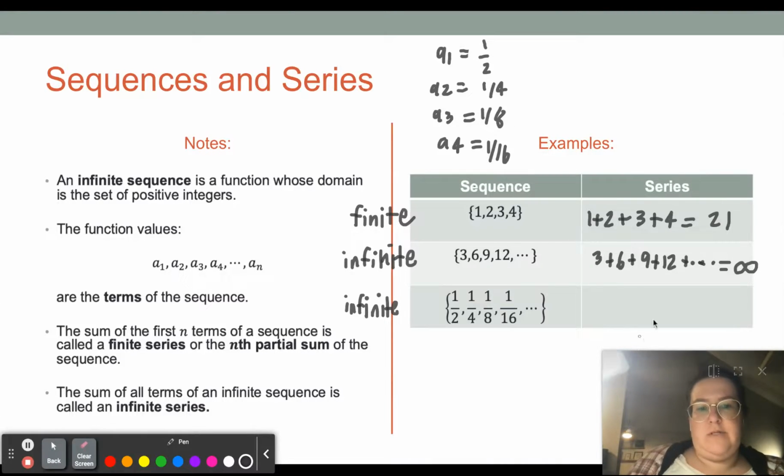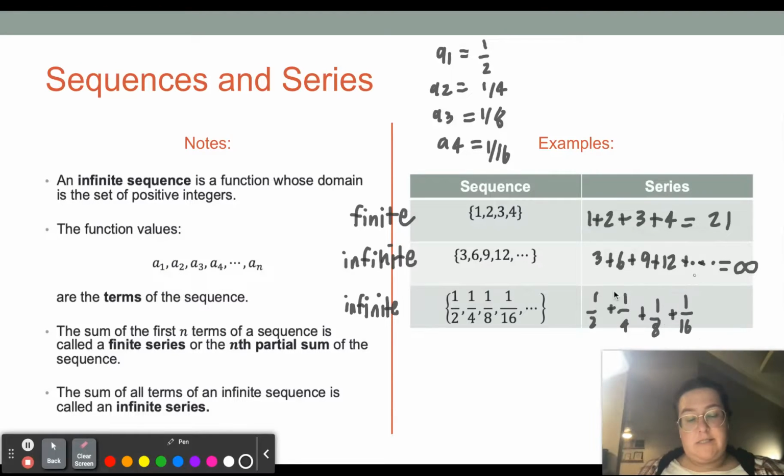In this case, the numbers are getting smaller. When a series goes to infinity, you'll learn eventually that means it diverges. And when a series goes to a number, it converges. And this one actually does go to a number.